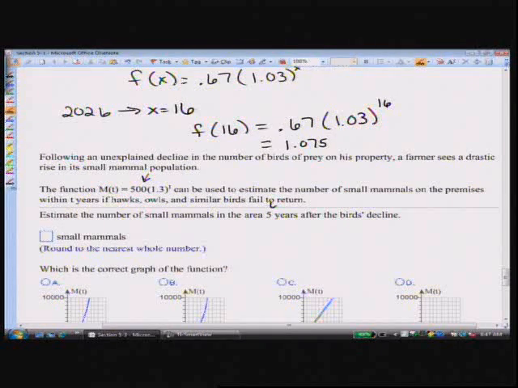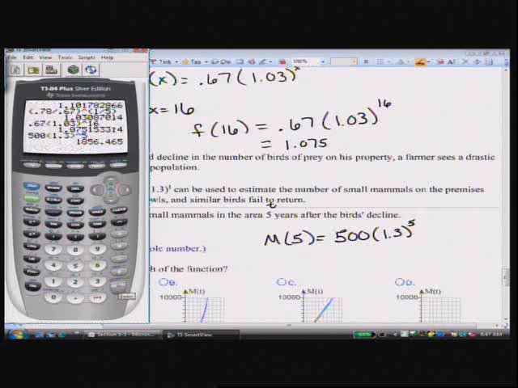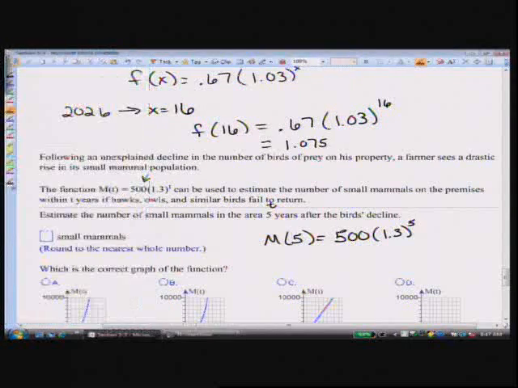So we'll put 5 in for t. This is going to be really bad. M of 5 is going to be 500 times 1.3 to the 5th. Sounds like you had a bell. I'm just going to finish up here. Okay, so this is going to be 500 times 1.3 raised to the 5th power, which is 1,856 rodents.